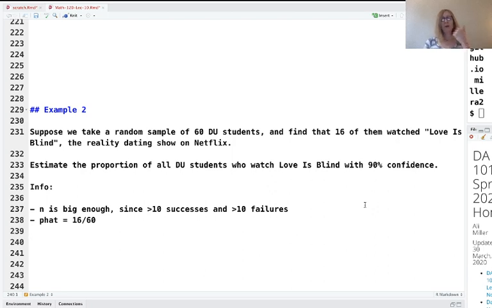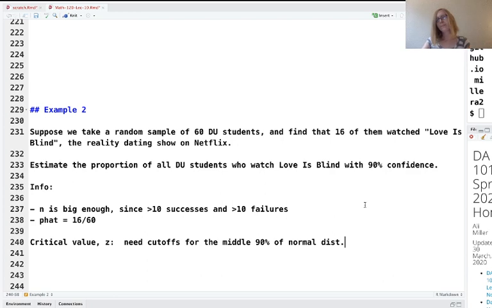Okay, what about our critical value? We need the cutoffs for the middle 90% of normal. It's a backwards problem. So we need to figure out what are the cutoffs for the middle 90%.